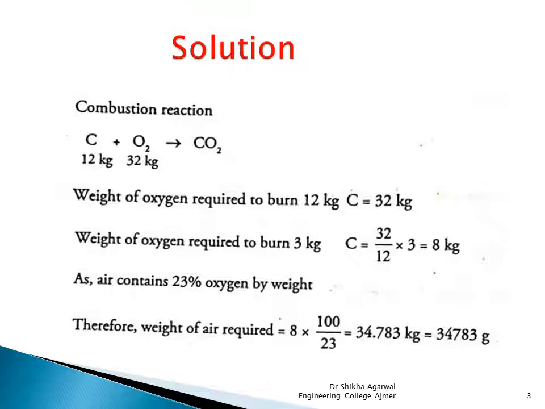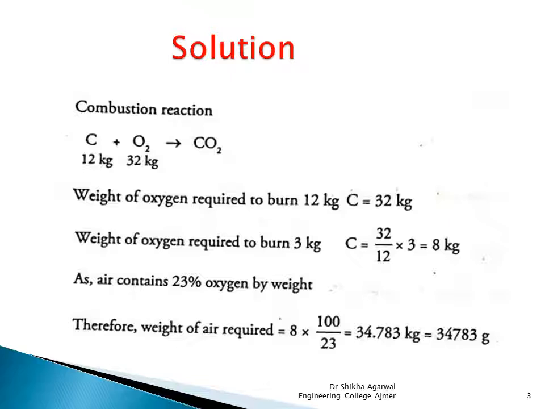What is the weight of oxygen required to burn 12 kg carbon? That is 32 kg. So, how much oxygen is required to burn 3 kg carbon? That will be 32 by 12 into 3, that is 8 kg. So, 8 kg of oxygen is required to burn 3 kg of carbon.